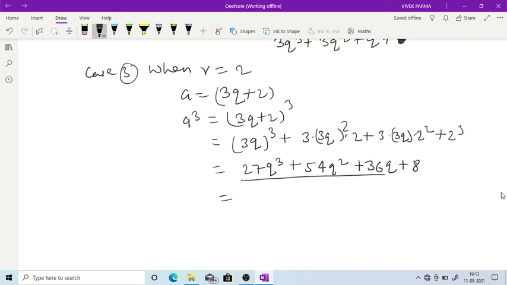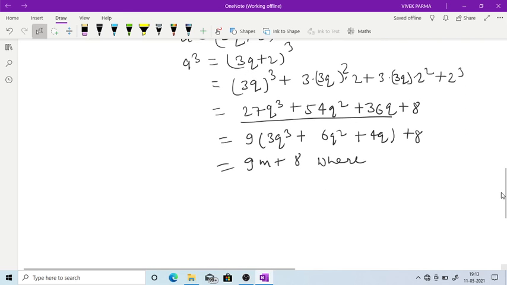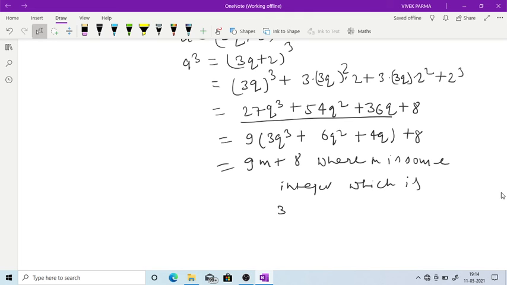Again I am going to take 9 as a factor from these three terms, so we have here 3q cube plus 6q square plus 4q, plus 8. Again this is 9m plus 8, where m is some integer, which is 3q cube plus 6q square plus 4q, and hence proved.